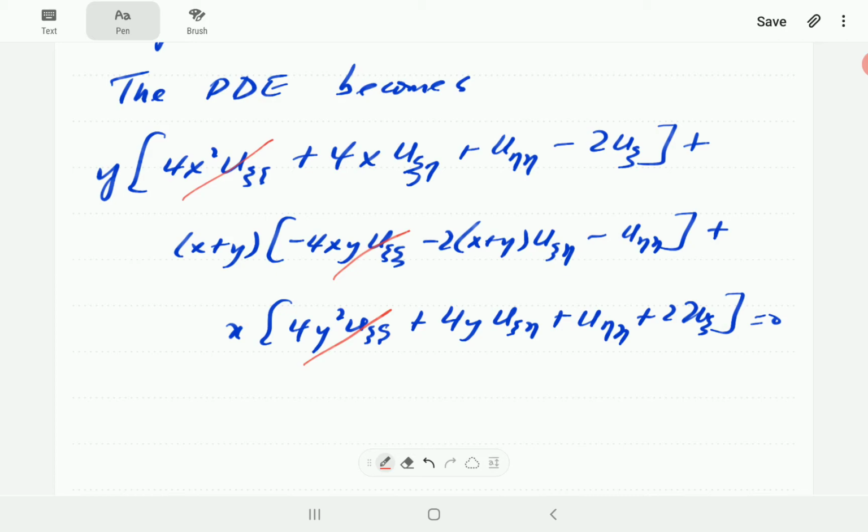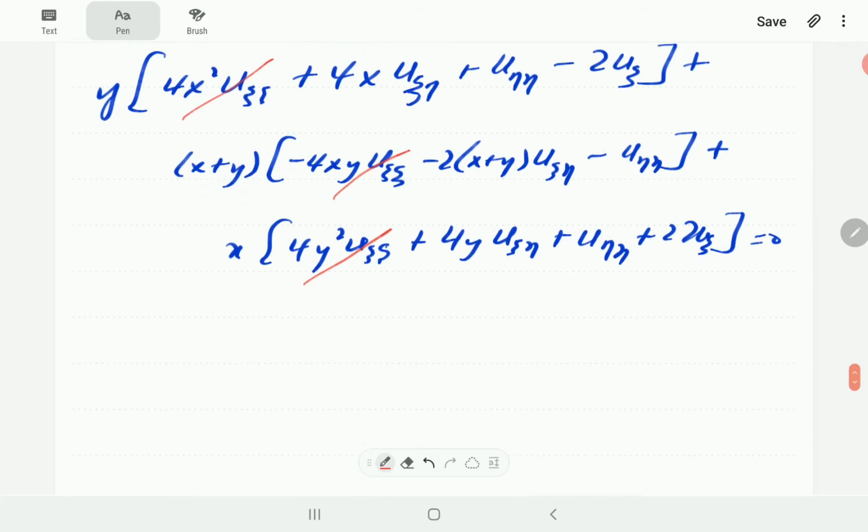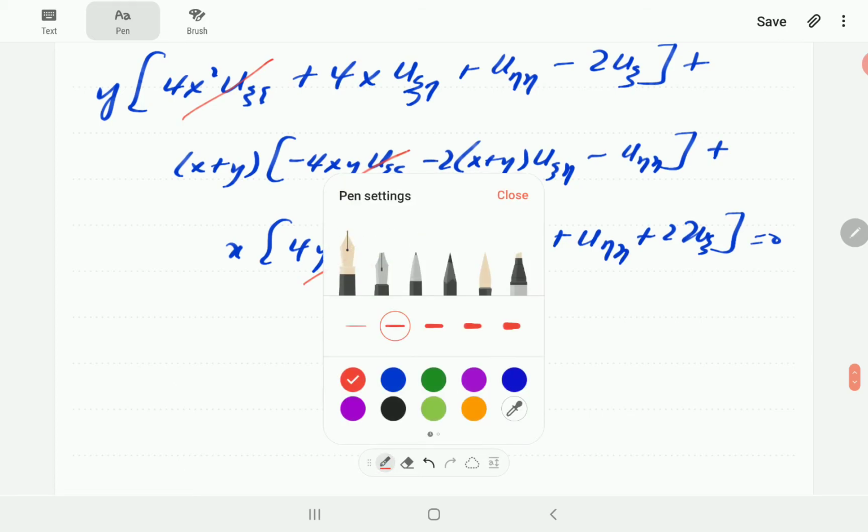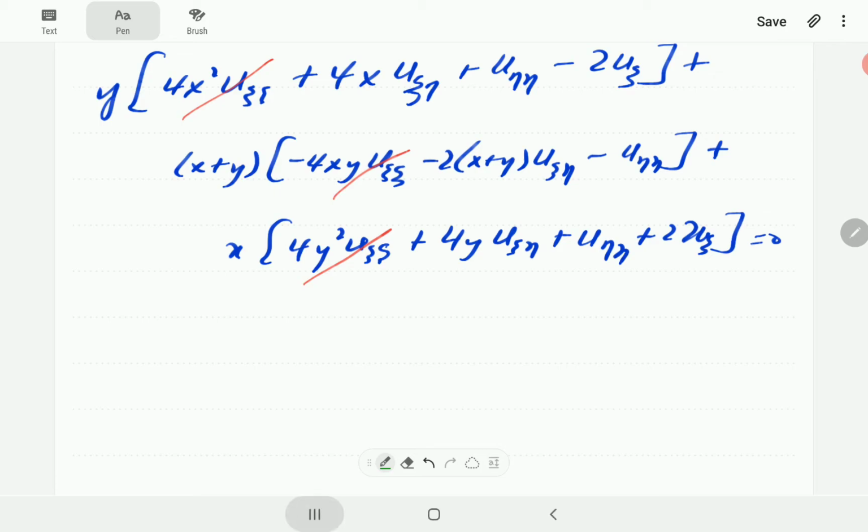Then the xi eta terms, maybe let's just do these step by step so that we are all happy.